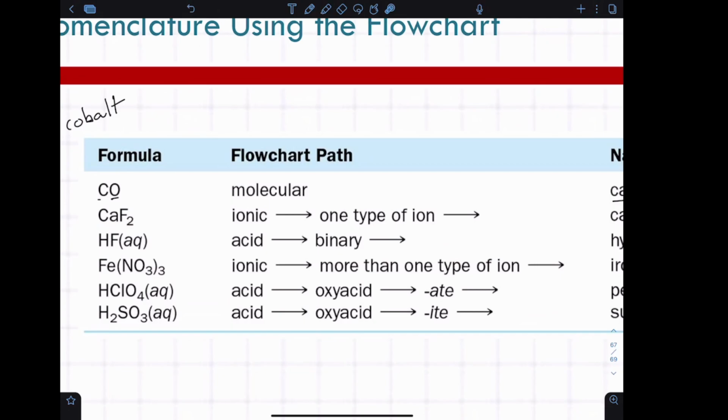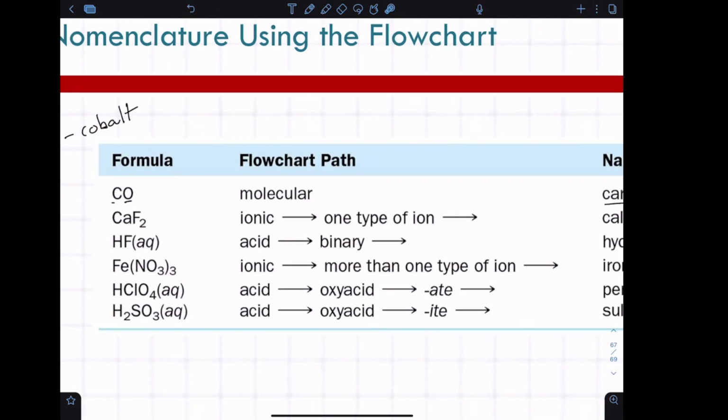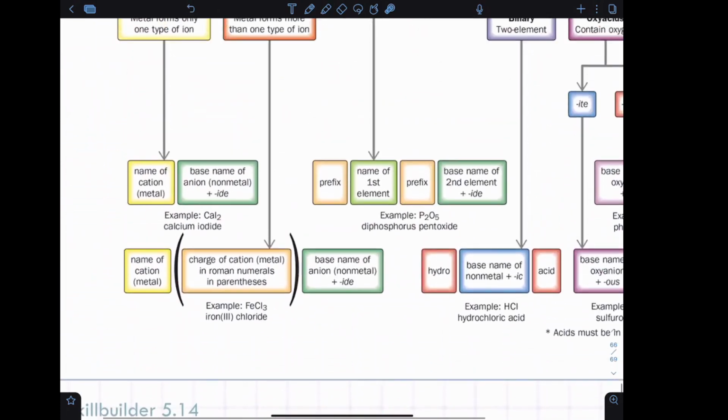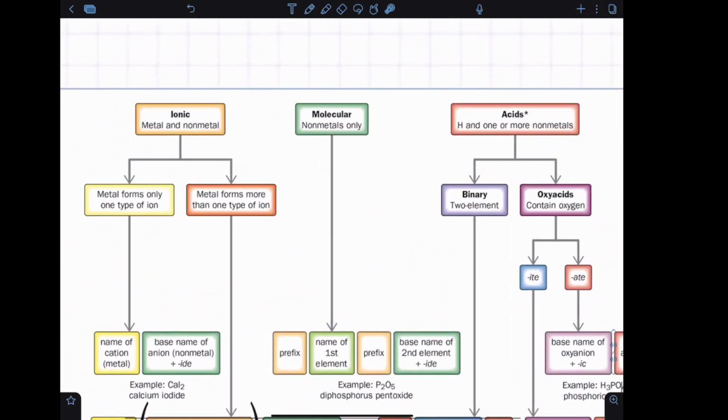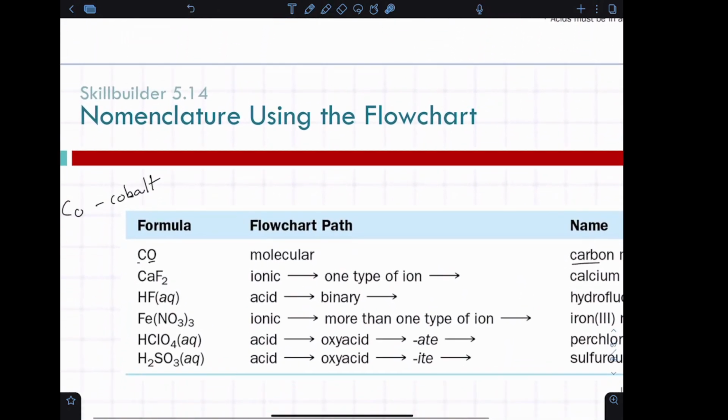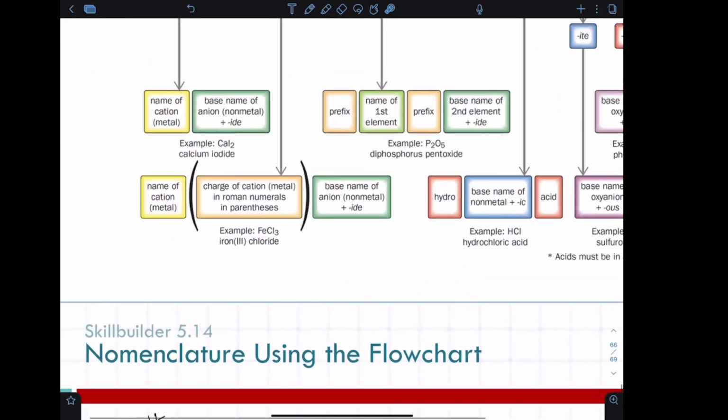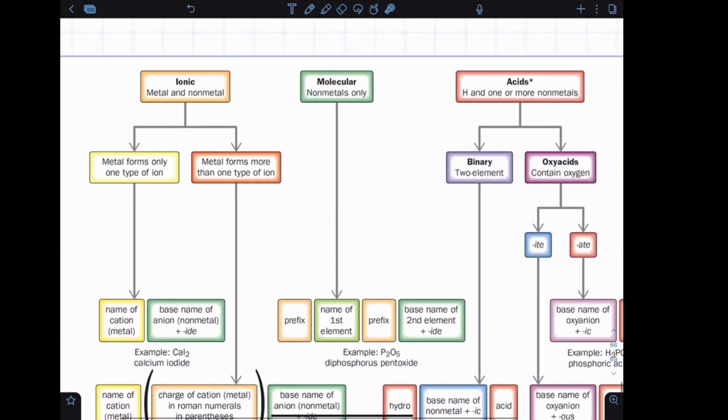You might need to take a look at a periodic table. So we go up here. Calcium is a metal. Thank you, I saw that in the chat. Calcium is a metal, and then fluorine is a nonmetal. So we have a metal and a nonmetal. That means it's not going to be molecular, it's not going to be an acid. It's going to be an ionic compound.